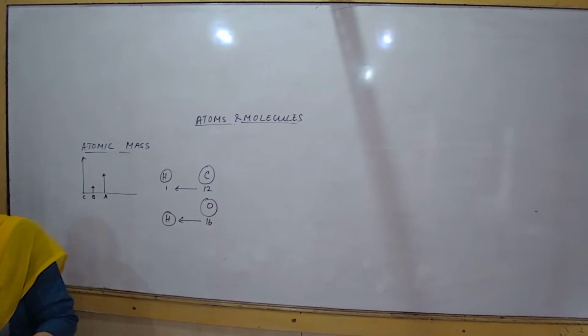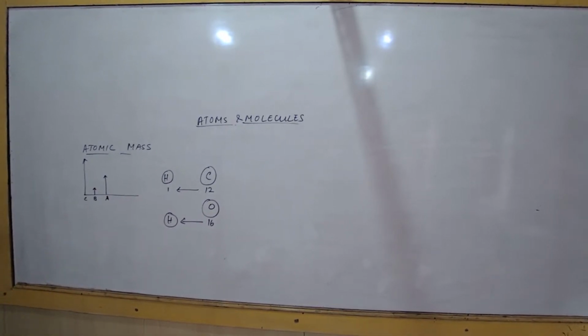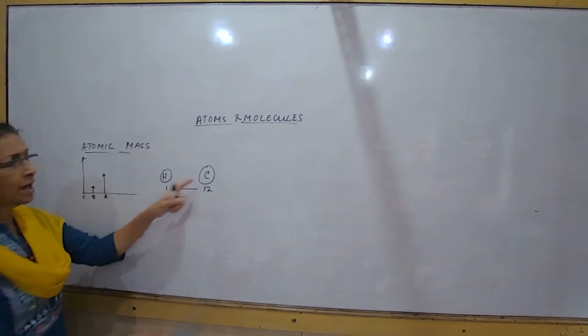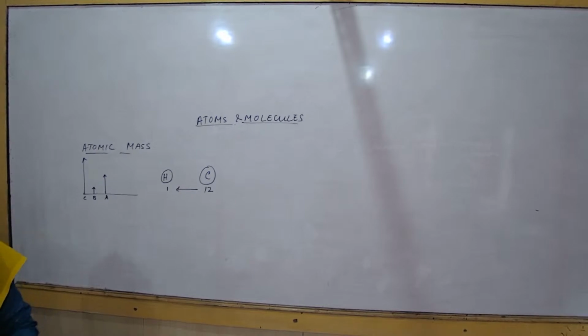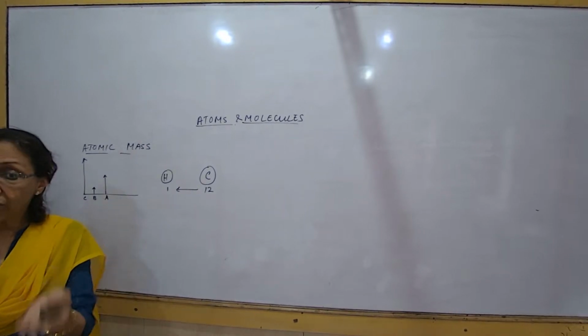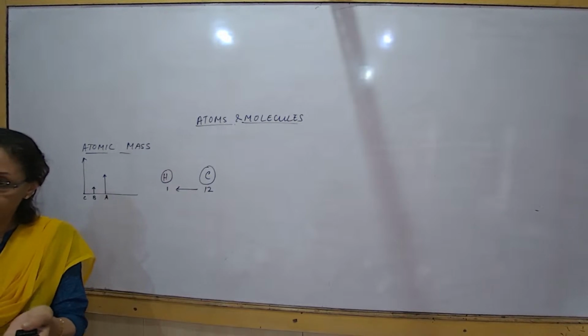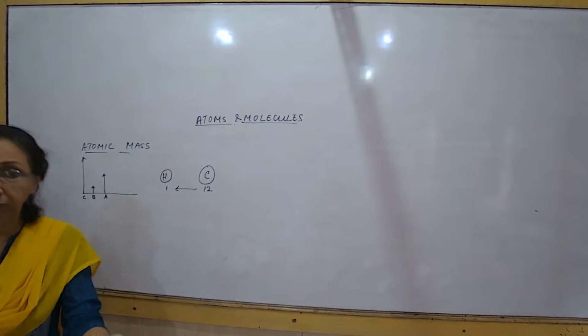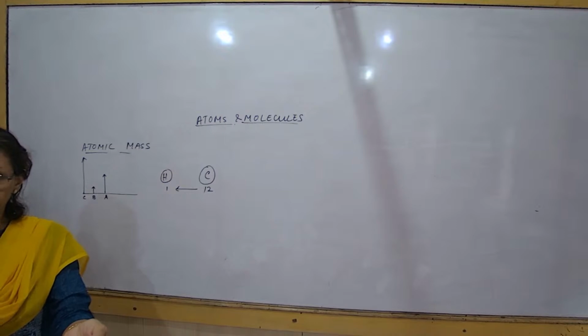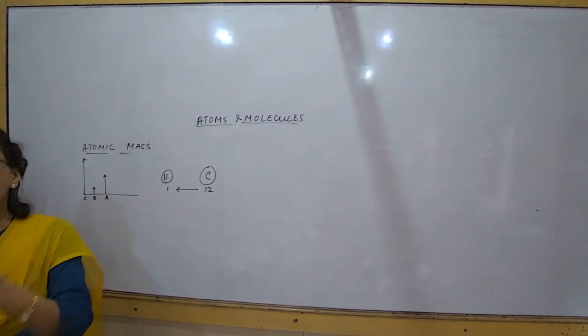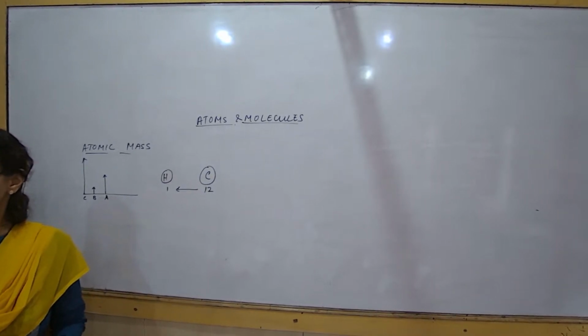But now, of course, we said even this concept was very, very difficult. So we said that since carbon itself is much more stable, how many hydrogen atoms are we putting? 12. In order to balance one carbon atom, if you put it on one side, you have to put 12 hydrogen atoms on the other side. So instead of putting 12, we say that hydrogen is 1/12 of carbon.